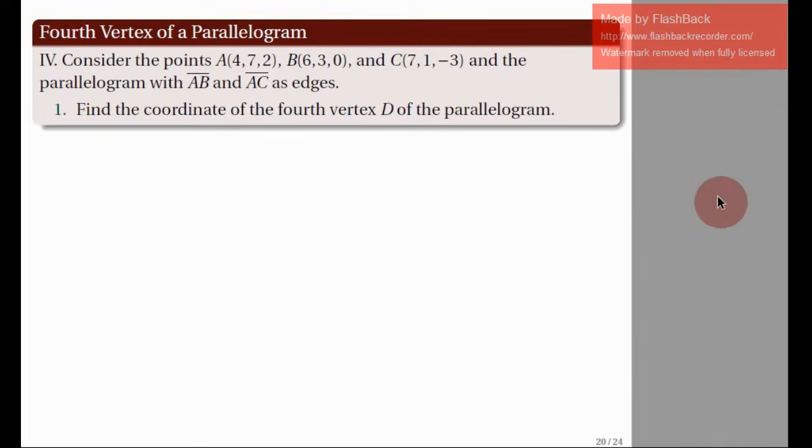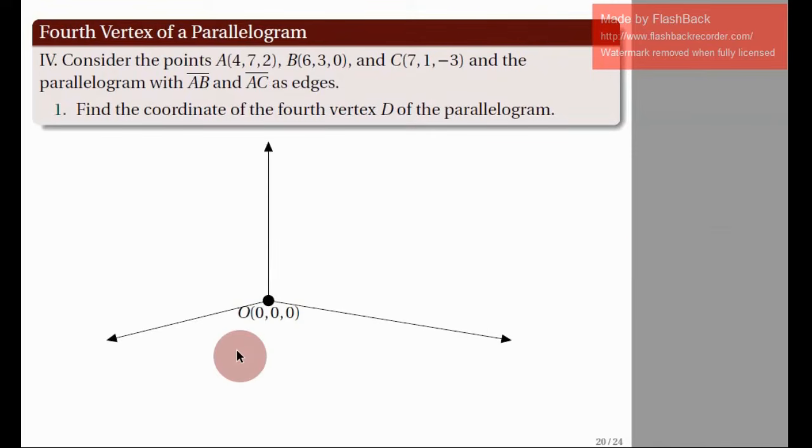So first, let's approach this problem maybe through a diagram to better visualize it. So for example, this is our three-dimensional space. Let's name as 0 the origin. And let us consider the points A, B, and C as follows.